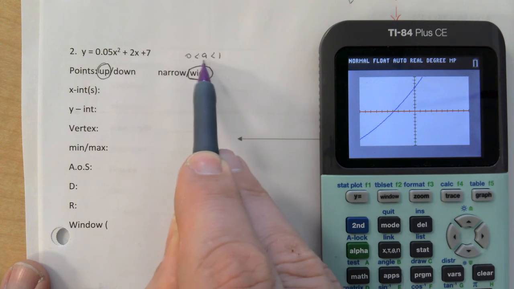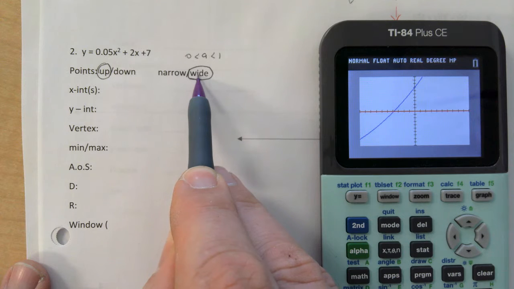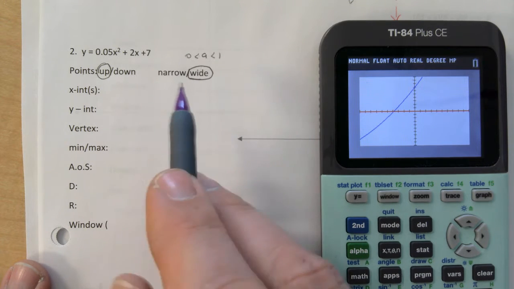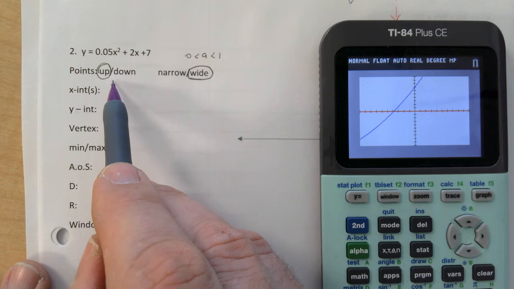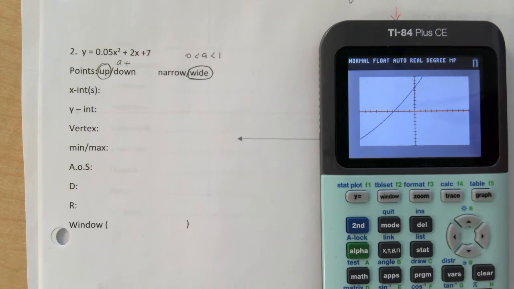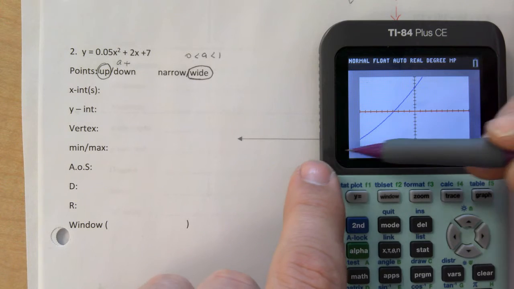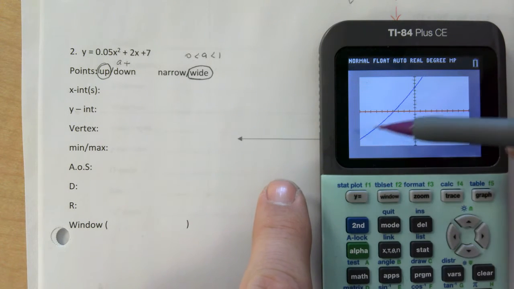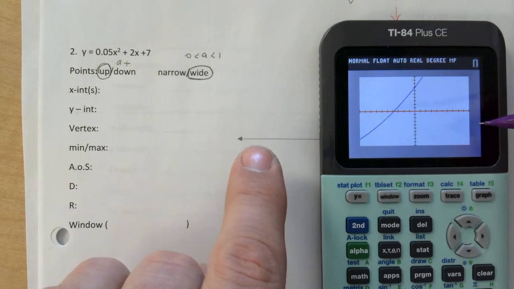Okay, if A is between 0 and 1, it's going to be wide. So anything in between, right? A fraction that is not greater than 1, and up because A is positive. So because we were able to see a leg of the quadratic, we know it's doing this, right? You're going to have a low point here somewhere, right?